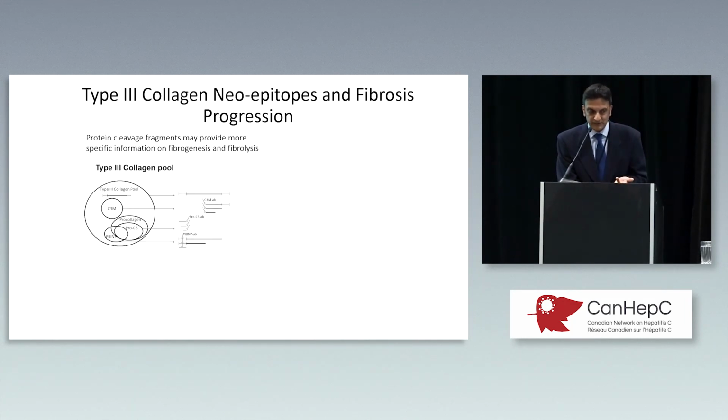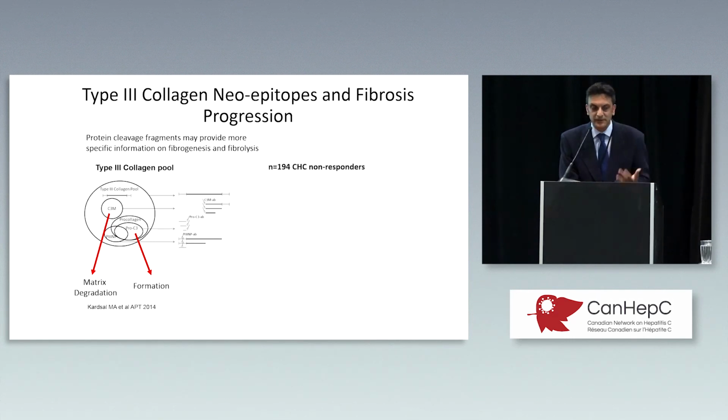But what we did get out of this study was the idea that within each matrix, each protein, there are various neoepitopes, various cleavage fragments, if you like. So if you take the type 3 collagen, for example, you'll see a lot about in the NASH studies the P3NP, which is one of the key components of the ELF panel. But within that P3NP, you'll see different components such as C3M, which reflects matrix degradation, or ProC3, which reflects matrix formation.